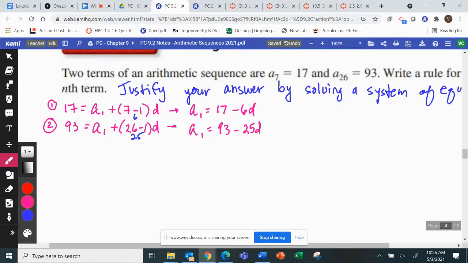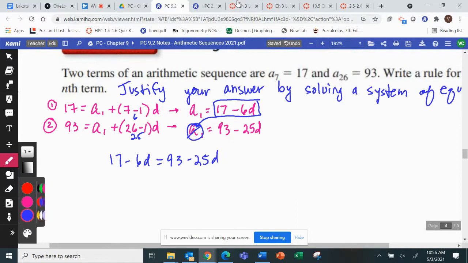What we do is take a sub 1 in one of them and substitute it for a sub 1 in the other. So my substituted equation is going to be 17 minus 6d equals 93 minus 25d. At that point, I only have one variable, so I can solve it. I'm going to add 25d and subtract 17.